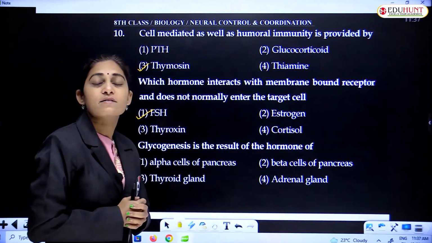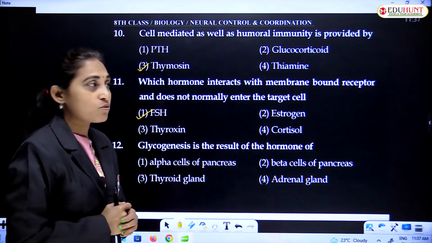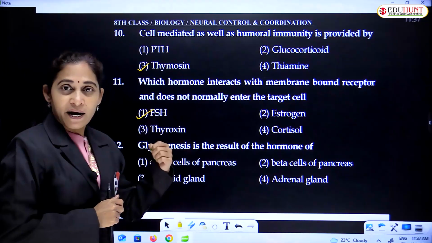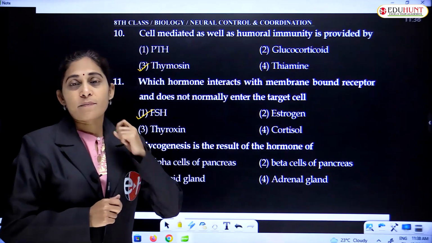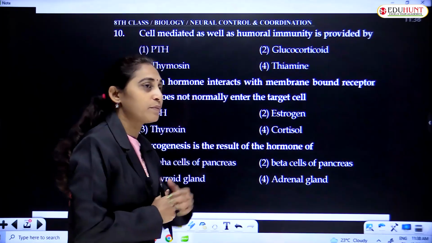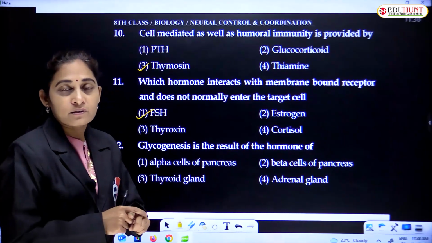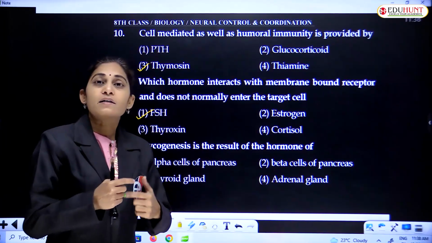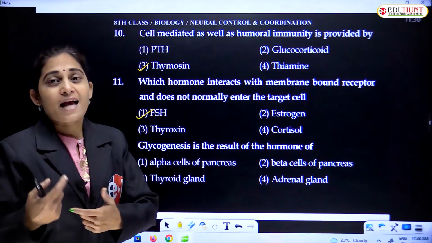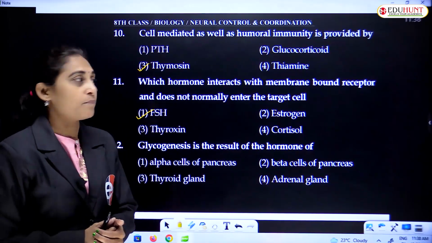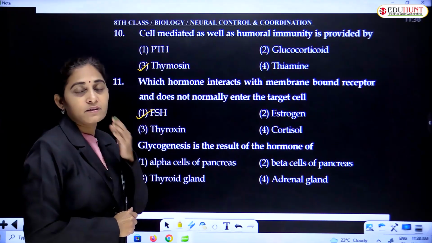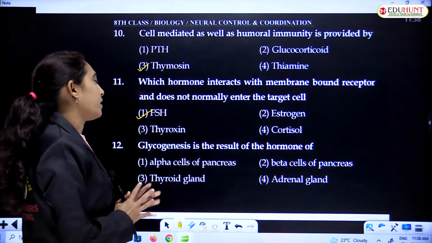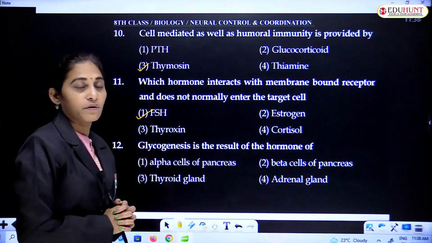The hormone is the signal molecule here. The hormone binds to the receptor present on the membrane, and the interaction will sometimes result in a cascade of events. Anyway, it does not normally enter the target cell. That is the follicle stimulating hormone.